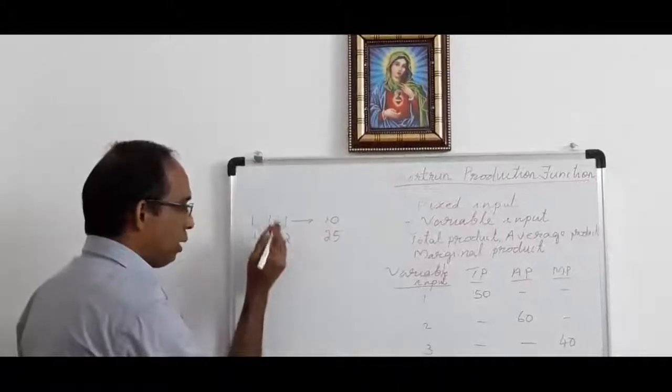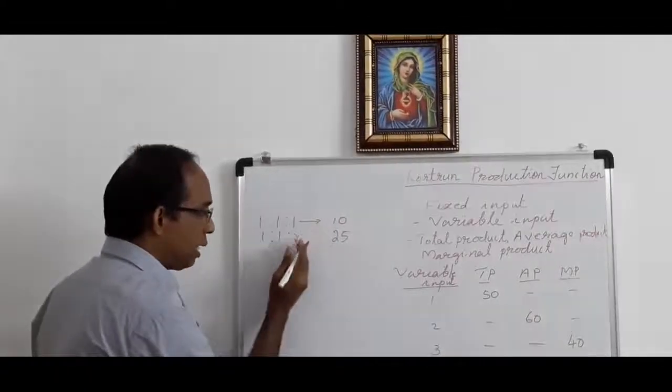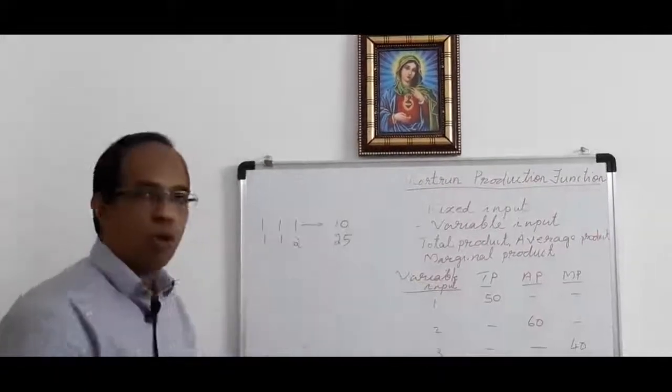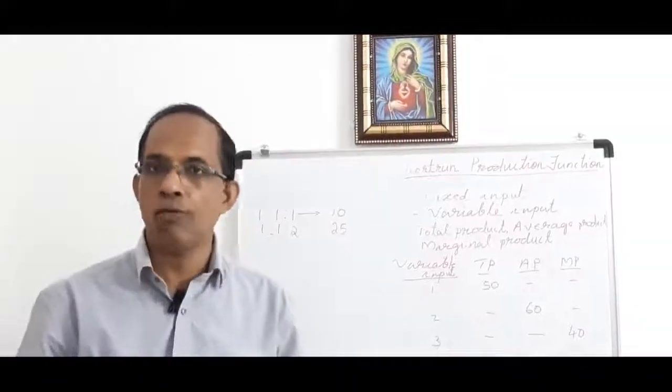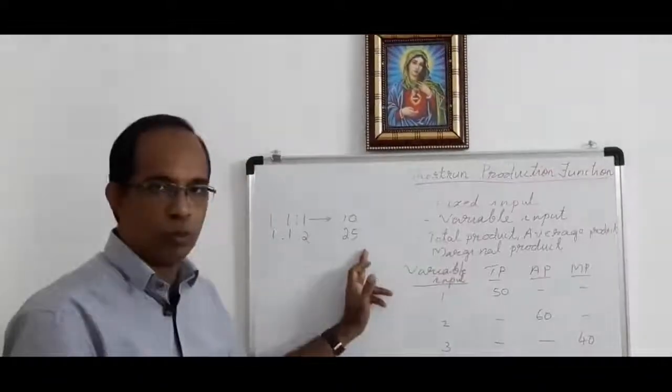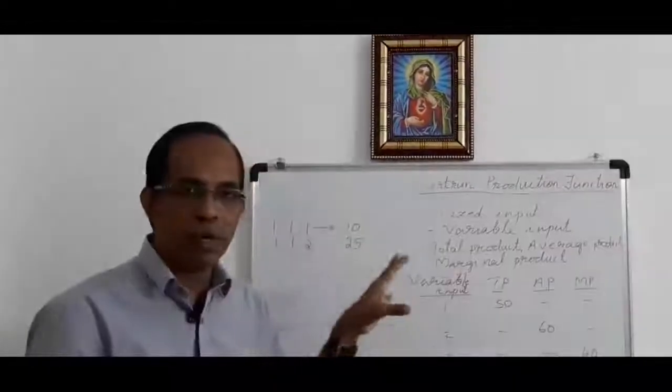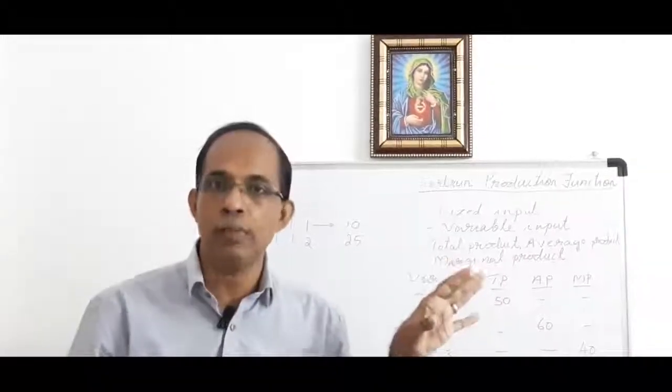Land and labor keeping constant and only the one variable or one input is changed or varied and increasing the outputs. This method of production is called a short-run production function.